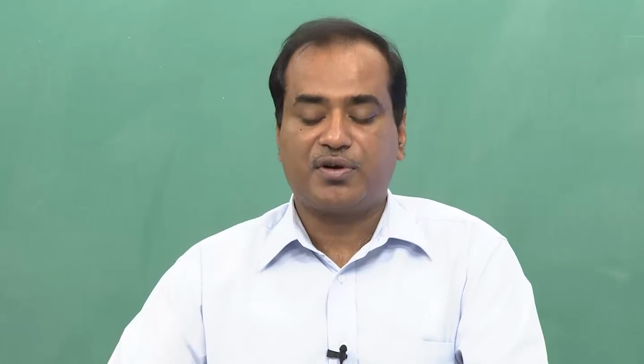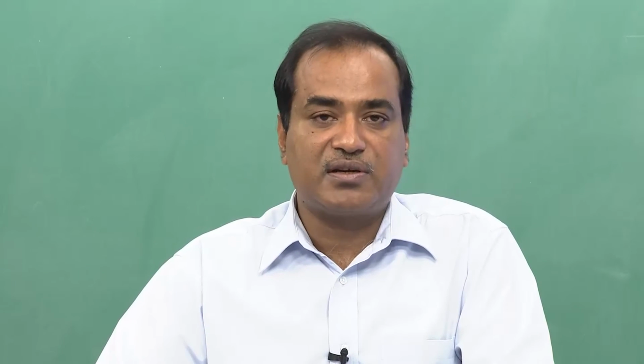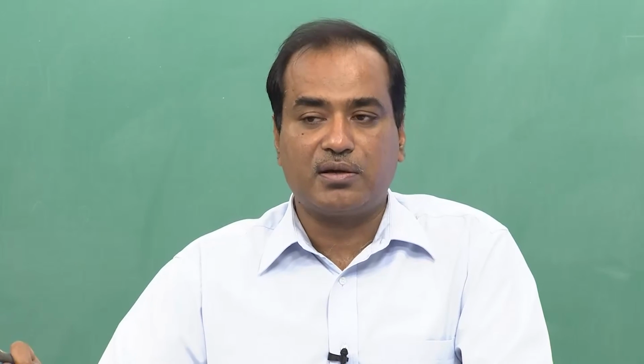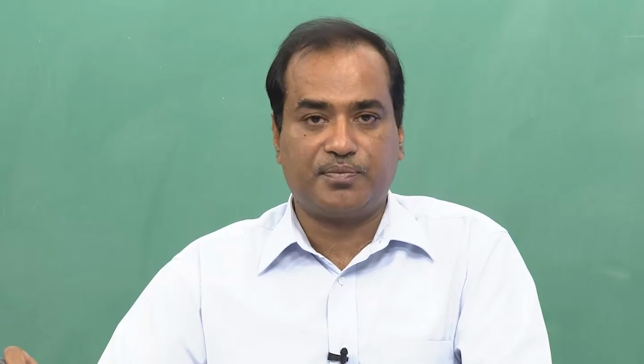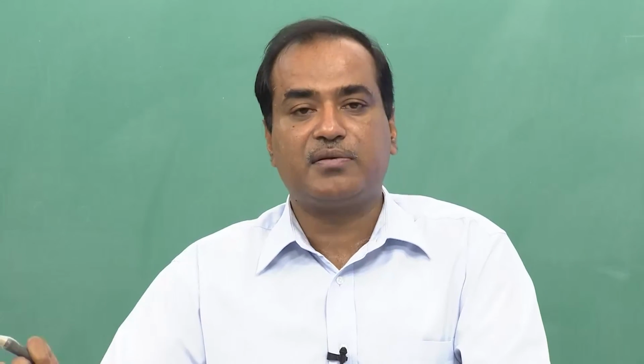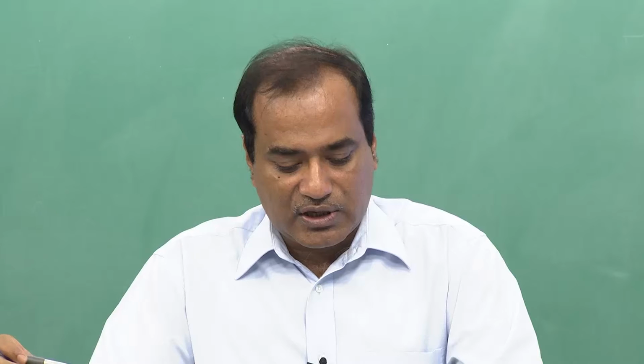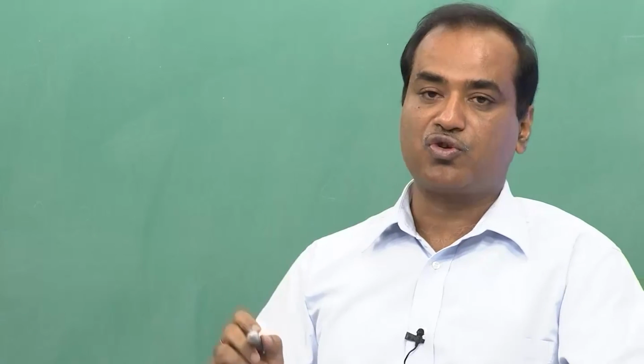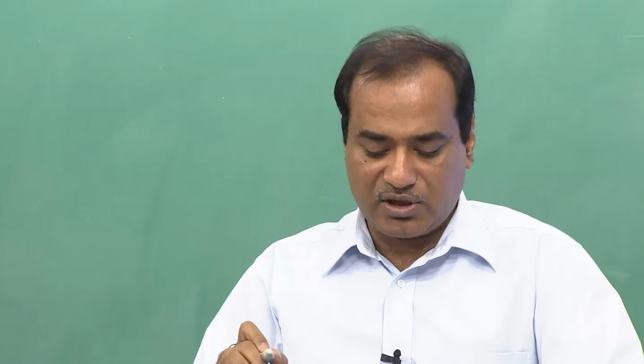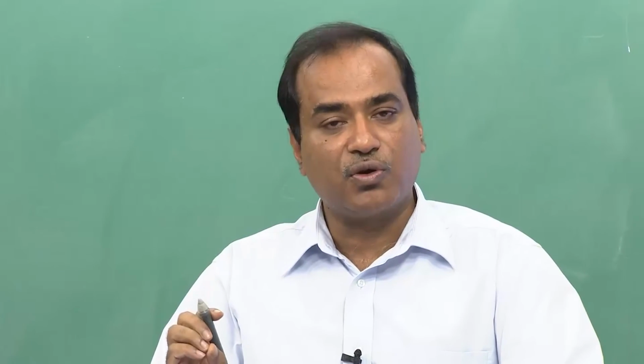Now, when we go for testing of hypothesis and confidence interval estimation, then we also need the assumption of normal distribution right from the first step. So, all those tests are going to be based on this fundamental assumption that normality holds true.